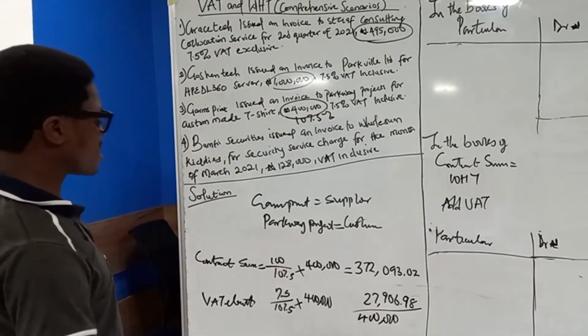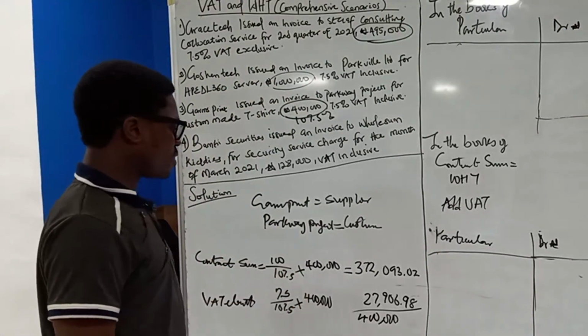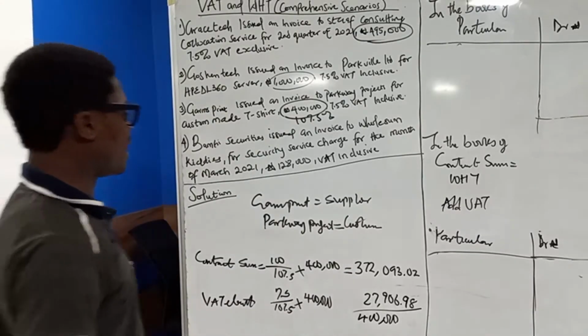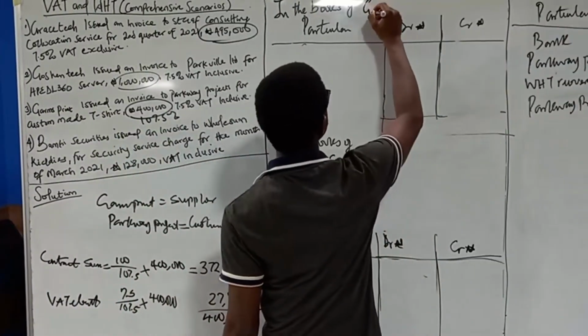So the next question is, what will be the accounting entries for this in the books of the supplier, and the supplier is Graceman.